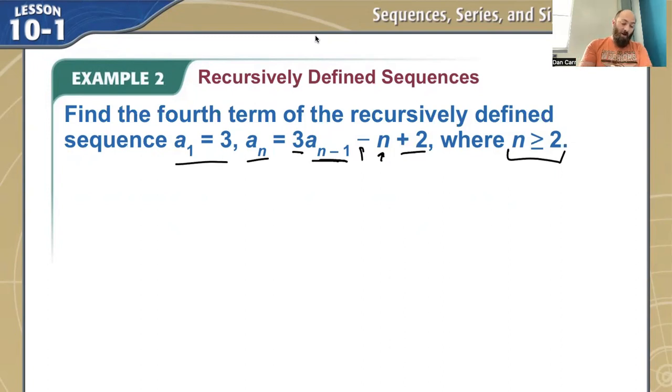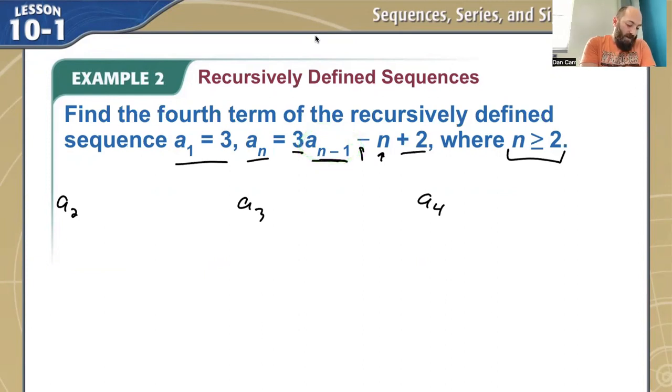So in this scenario, we can find the fourth term. To find the fourth term, unfortunately, we have to have all the terms in a row. So if I have a sub 2, I need to have a sub 1. So I have to figure out what a sub 2 is, then figure out what a sub 3 is, and then figure out a sub 4, because everything in this case is in reference to the previous term.